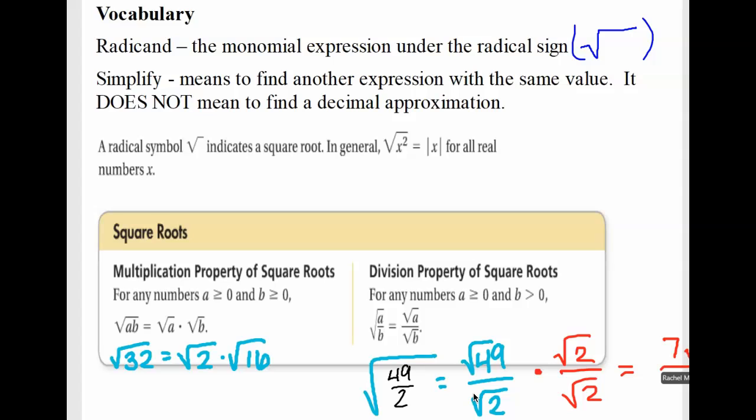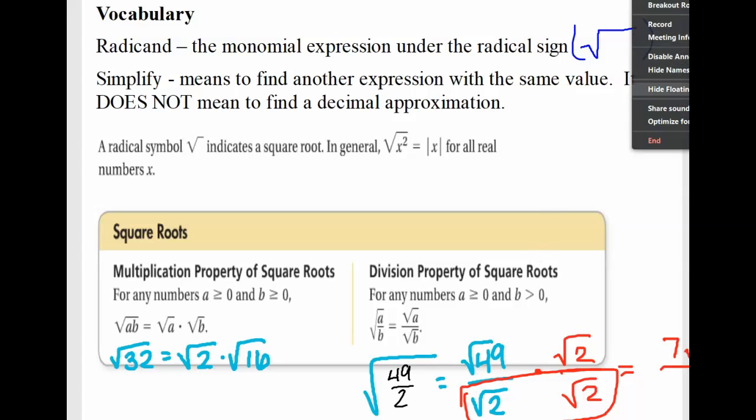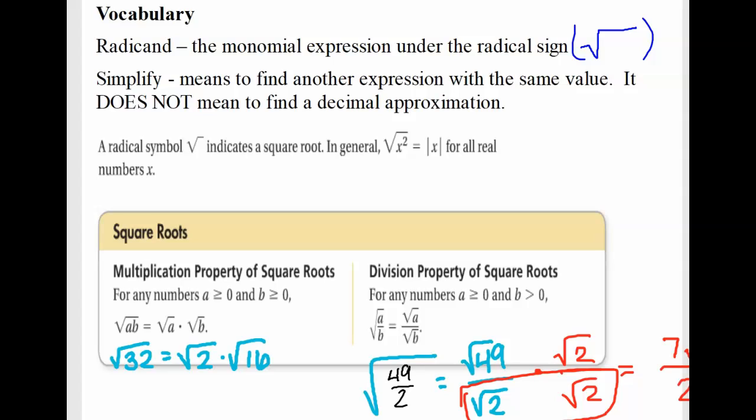And when you have two identical square roots multiplied by themselves, like root 2 times root 2, that's the same as the square root of 4, so that becomes 2. So the square root of 49 over 2 is really 7 square roots of 2 over 2. So it's called rationalizing the denominator. You cannot leave a square root in the denominator, so you multiply by the square root of the denominator on top and bottom and simplify.